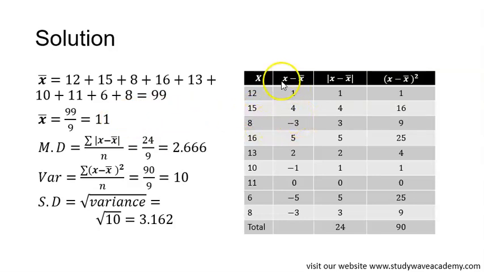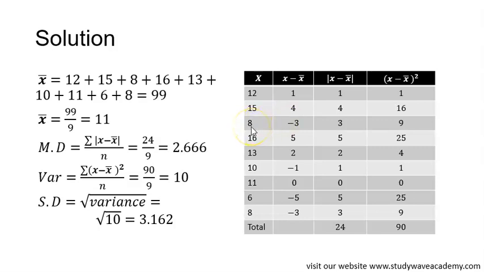I hope you're not confused because I didn't write out 12 minus 11 equals 1. It's not necessary that you put it that way. You can just use your calculator to calculate and put down your answers. Okay, so 15 minus 11 is 4.